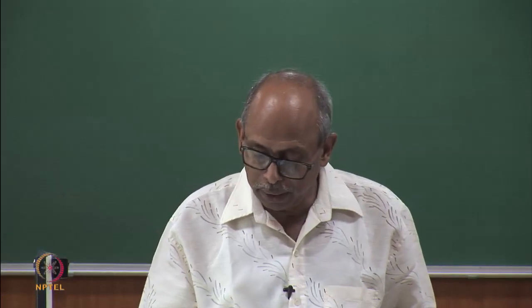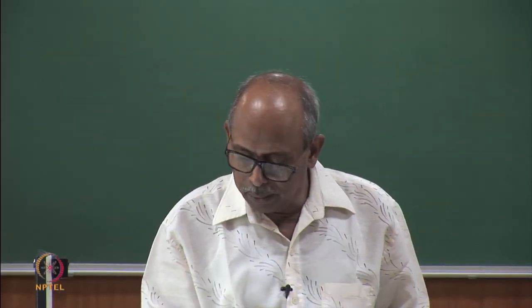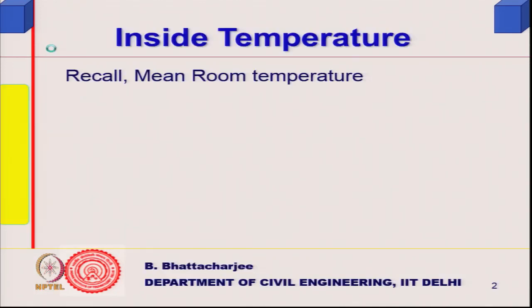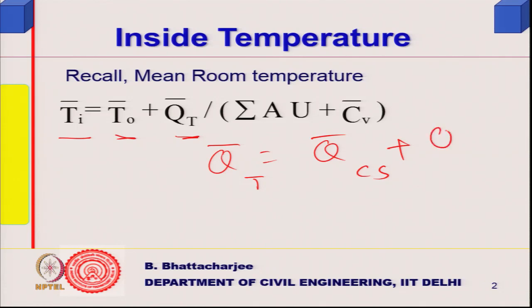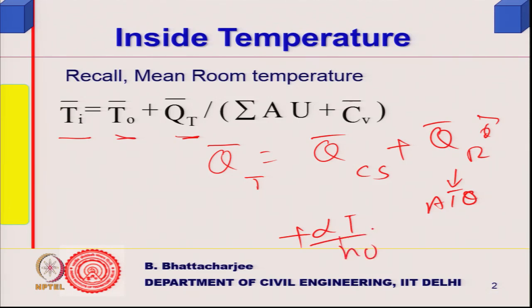We have not taken the fluctuating part into account so far; we have looked into the steady part. So, I am just rewriting this equation to generalize it: Ti equals To plus Q total, where Q T bar stands for Q conduction solar plus Q radiation, which was basically A I bar theta plus alpha I bar by H naught into U A, because this is the excess part of it.